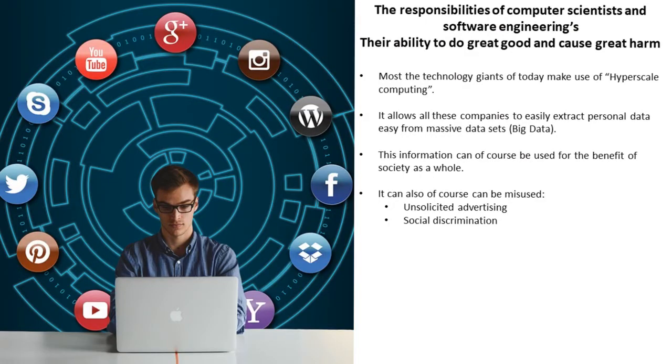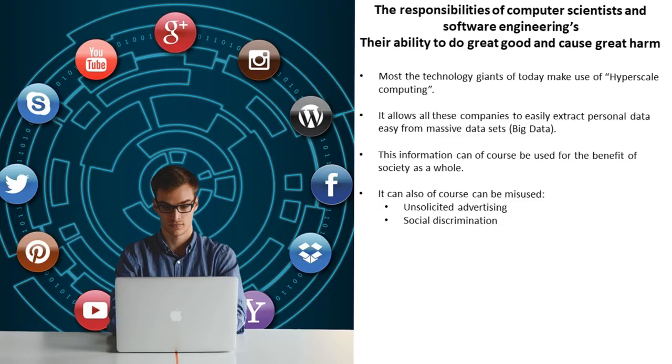Let's take a look now at the responsibilities of computer scientists and software engineers, and the fact that they have the ability to do great good and cause great harm. Most of the technology giants today make use of something called hyperscale computing. Now, it allows these companies to easily extract personal data from massive data sets.